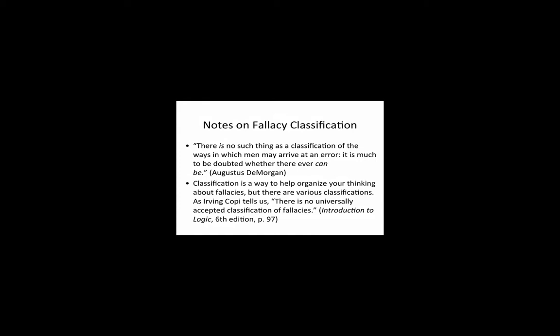Or I might say, oh no, I'm going to classify fallacies according to those that prey on a certain emotion. But it really doesn't matter how you classify. What does matter is that when you group fallacies under a certain heading, you're helping yourself organize your thinking about fallacies.